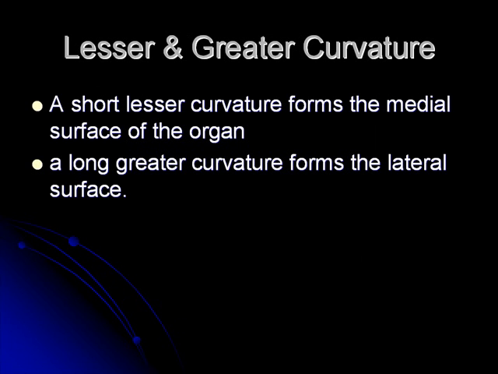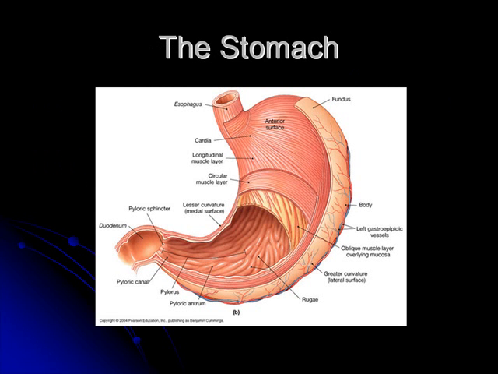The lesser and greater curvature of the stomach: the lesser curvature forms the medial surface of the organ, and the greater curvature forms the lateral surface of the stomach. Again, lesser curvature and greater curvature of the stomach.